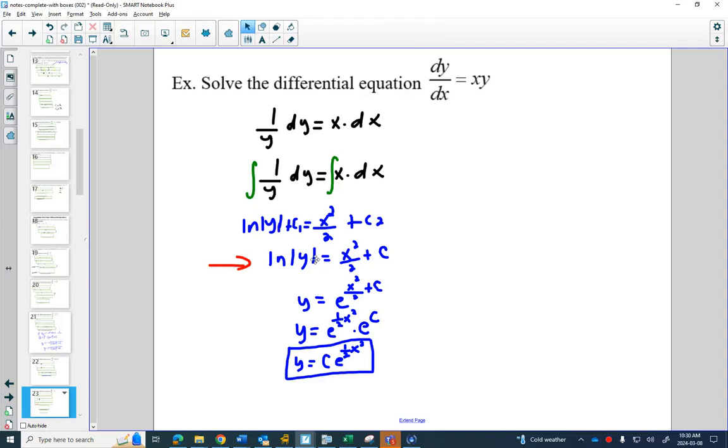Now, you could leave it, definitely, this is perfect. Put a little red box around this. That's your explicit equation. Leave it like that, you're perfectly fine. Okay? If you want to play around with your exponent rules, adding exponents is the same as multiplying, and e to the c is just another number, so you could change it. Probably shouldn't change it to c.